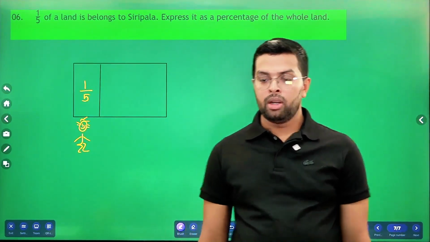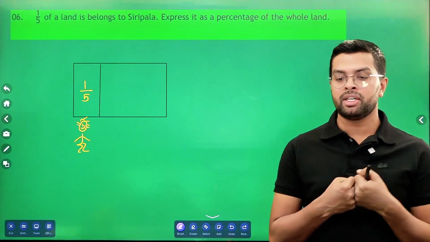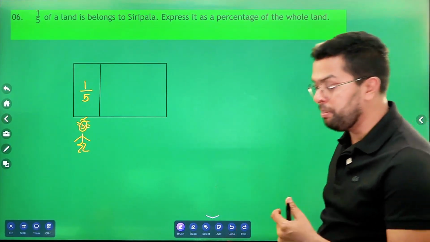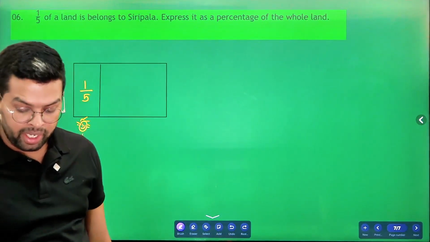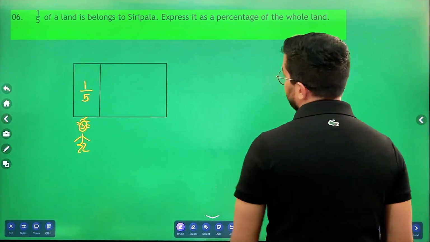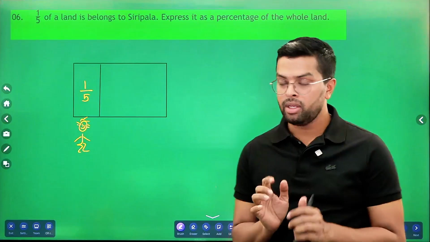Now when it comes to the lesson on percentages, can you remember what a percentage is? Simply, a percentage is a fraction where the denominator equals 100.